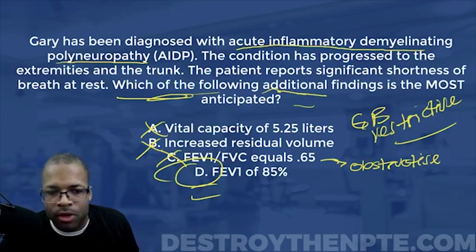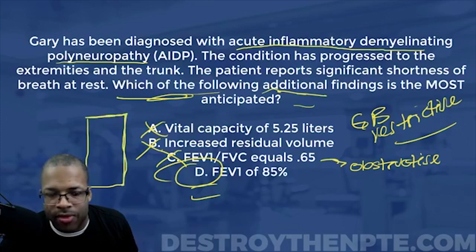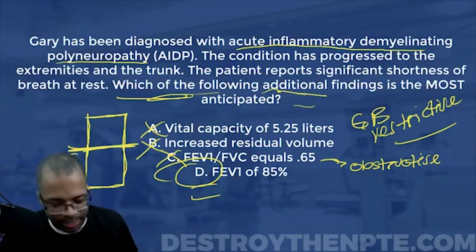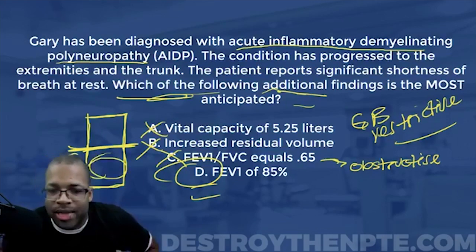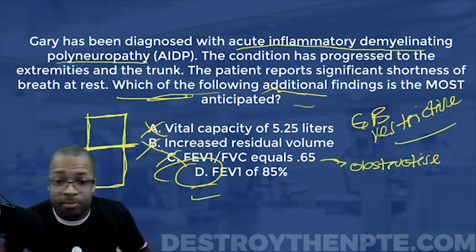If you had this cylinder right here, and this cylinder was all the air that you can actually breathe in. And let's say I cut that cylinder in half, and now your cylinder is only this big. That's how much air you can actually inspire and expire. That's it.